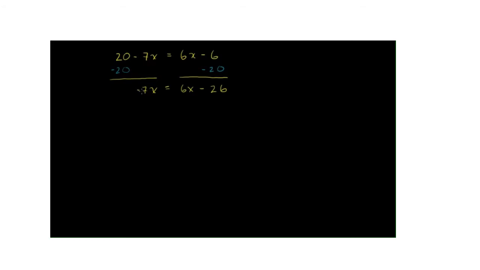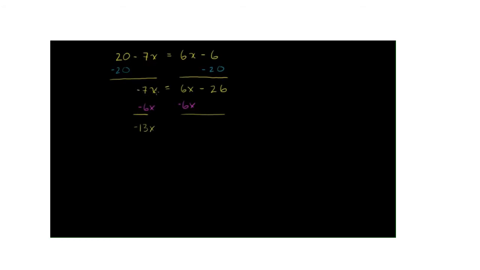Now the next thing we want to do is we want to get all of the x terms on the left-hand side. So we don't want this 6x here. So maybe we subtract 6x from both sides. So let's subtract 6x from the right, subtract 6x from the left, and what do we get? The left-hand side, negative 7x minus 6x, that's negative 13x. Right?